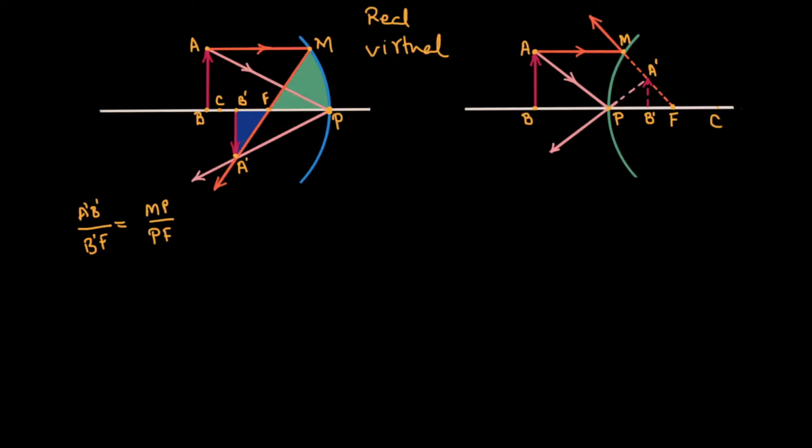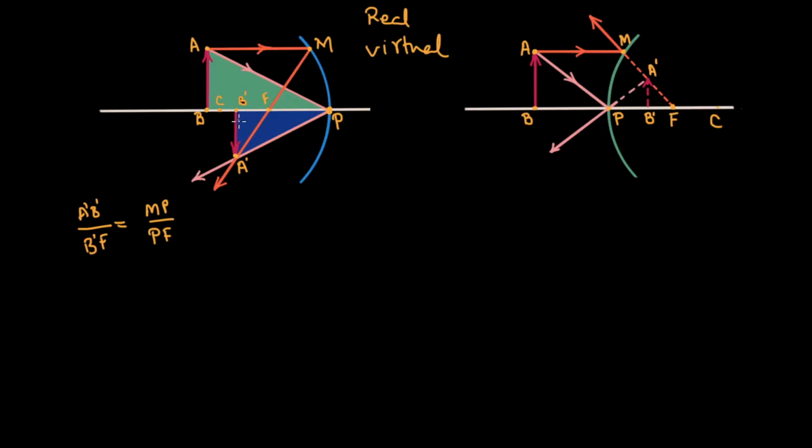Now let's look at two different triangles: ABP and A prime B prime P. In these two triangles, again, you have right angles.